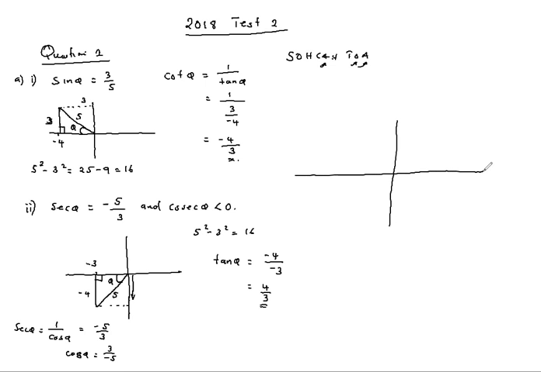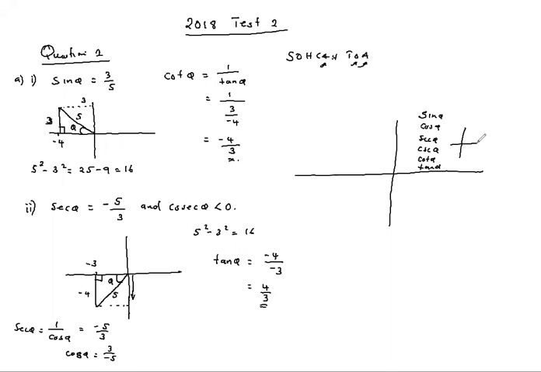So we said here sine, cos, sec, cosec, cot, and tan. They are positives in the first quadrant.